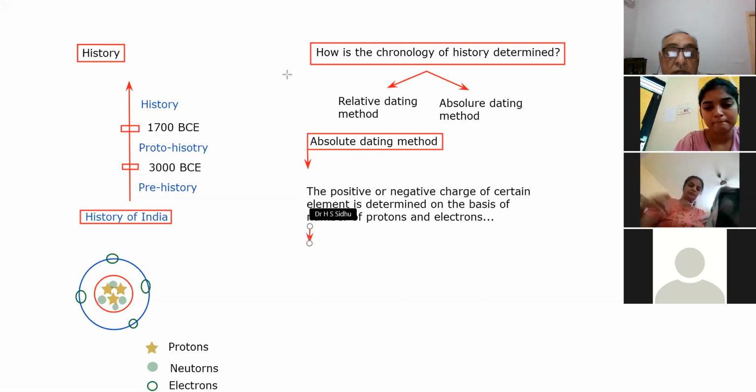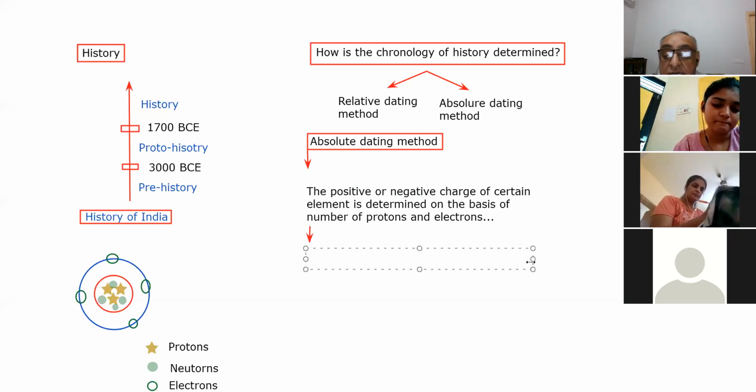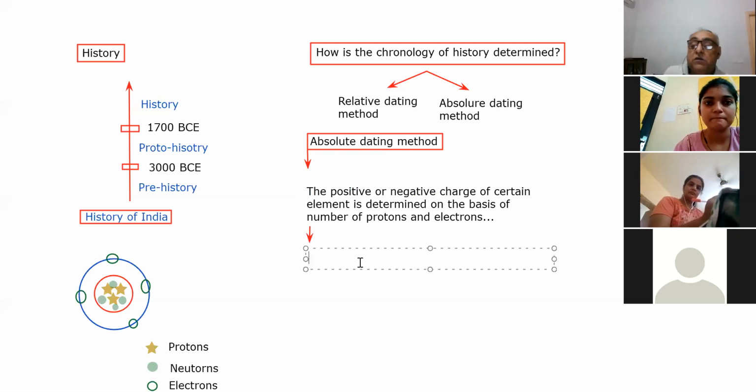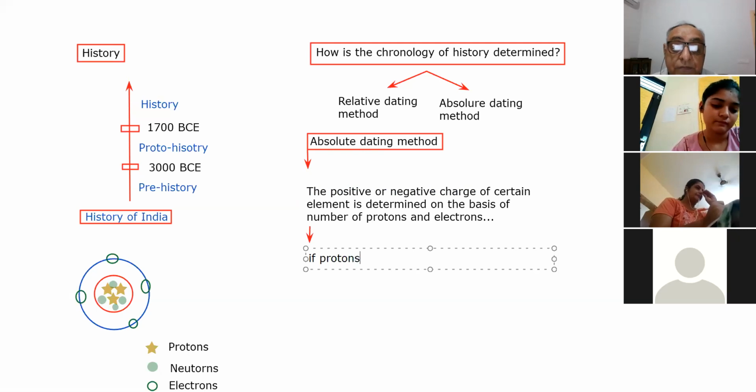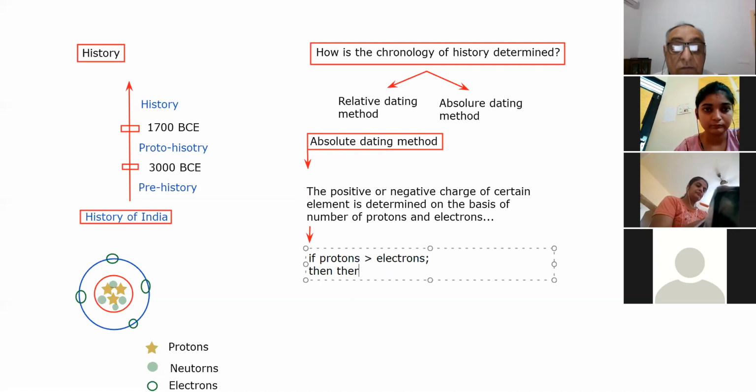There are many students with a science or engineering background, so it is easy for them to interpret this, right? So if the number of protons is greater than the number of electrons, then there will be a net positive charge.